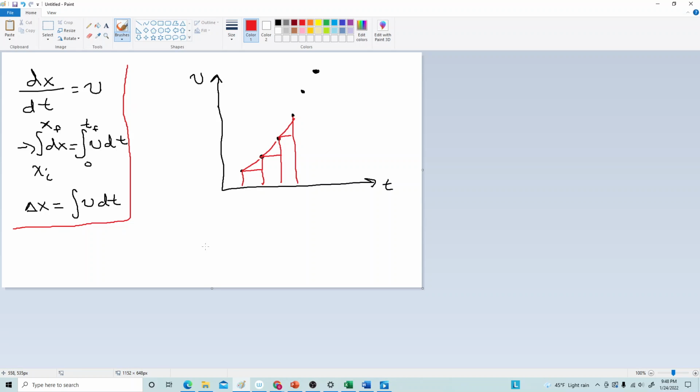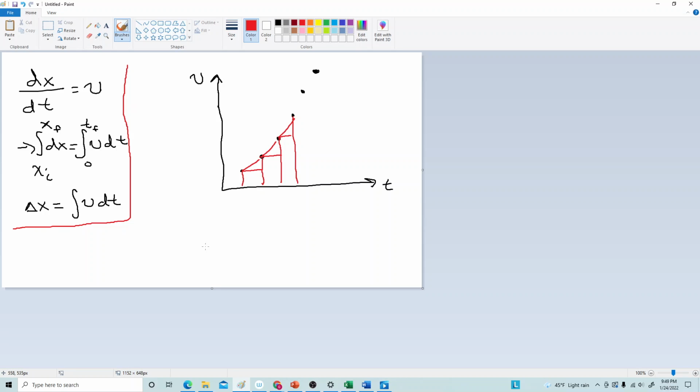The integral under a velocity versus time function integrated over time is going to give me the total displacement. So here I am using t as my independent variable, v as my dependent variable, and the total displacement delta x is what we want to calculate.